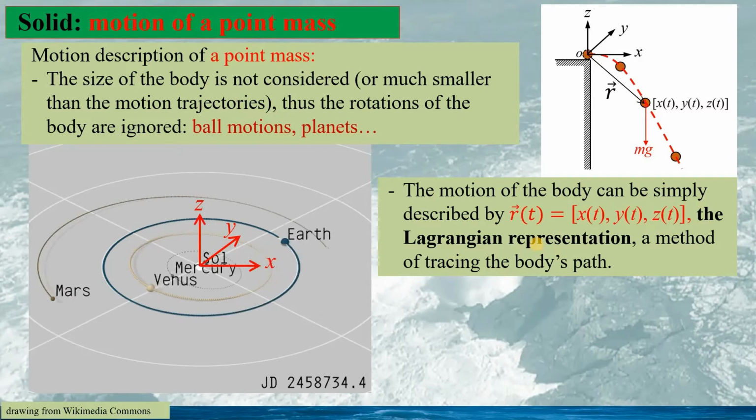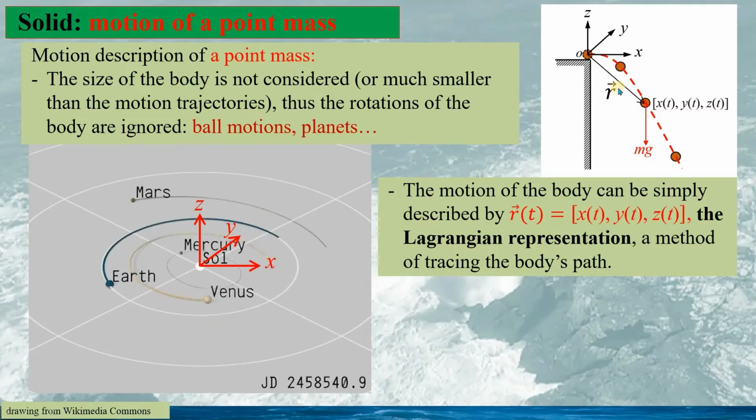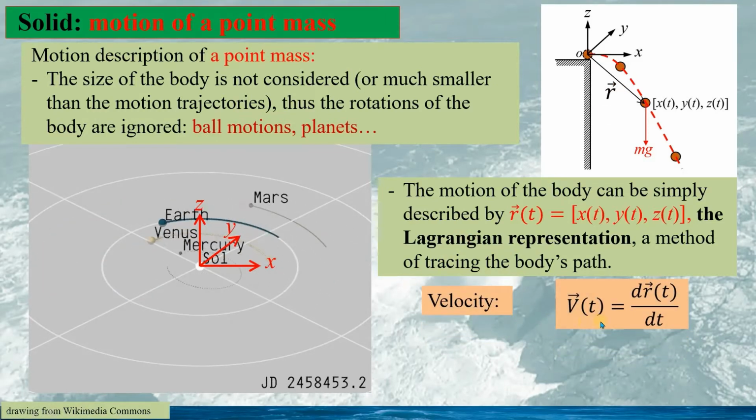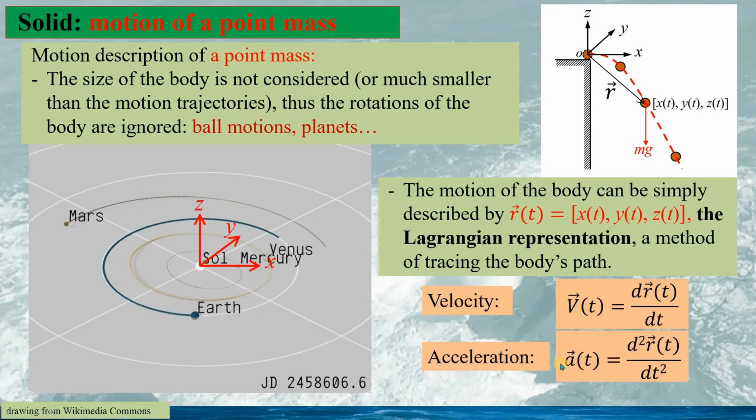If we obtain the position of the point mass, we can easily calculate the velocity given as this, and the acceleration given as this.